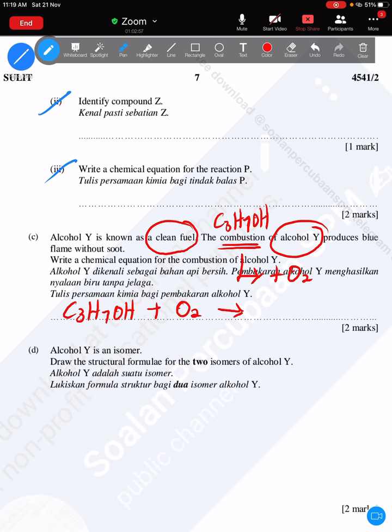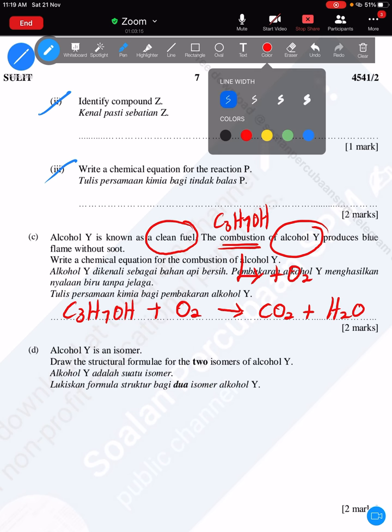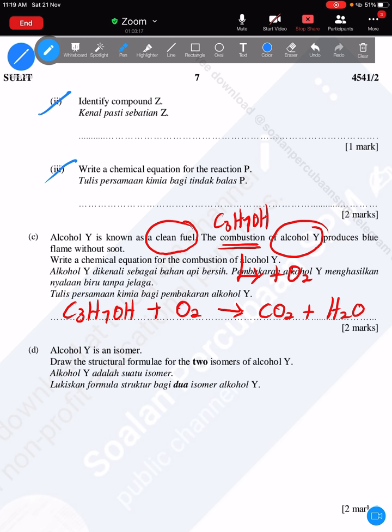And remember, when alcohol undergoes combustion, it always produces the same thing, which is carbon dioxide and H2O. Nothing is different. So how to make this equation balanced? We do it one by one. We have 3 carbon on the left hand side, and on the right hand side I only have 1. Therefore, I'll multiply by 3.